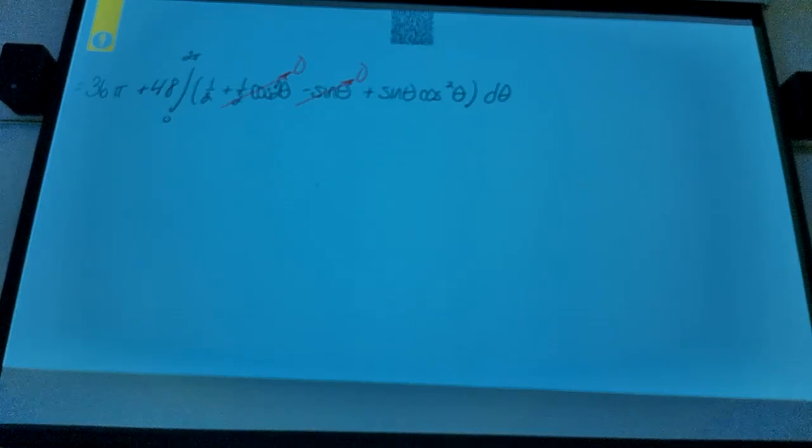Sine times cosine squared, you would do a u sub, where u is cosine. What's the period of cosine? 2 pi. That's 0. Oh, that worked out very nicely. You're just left with 1/2 d theta from 0 to 2 pi. Isn't that just pi? 36 and 48.